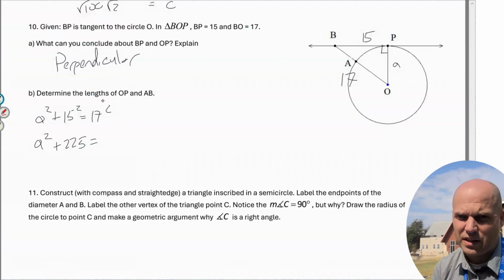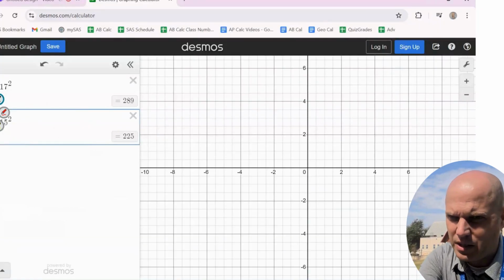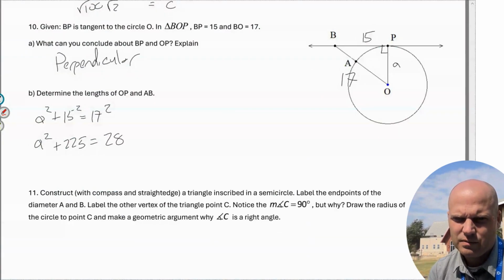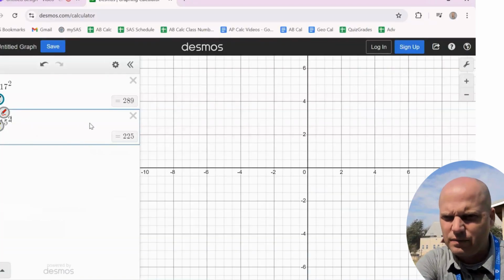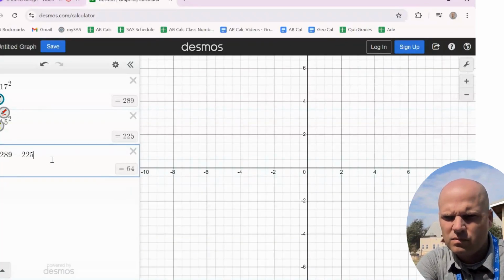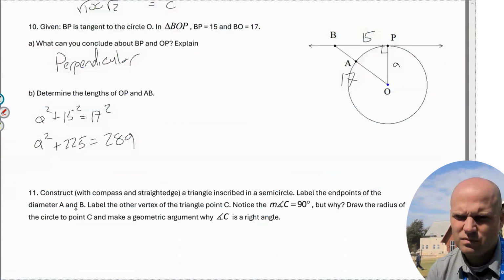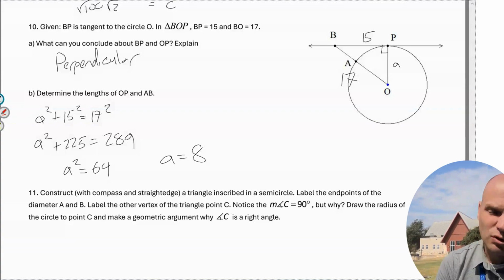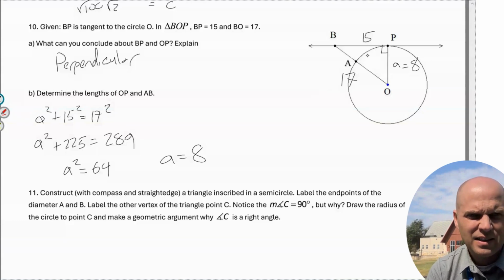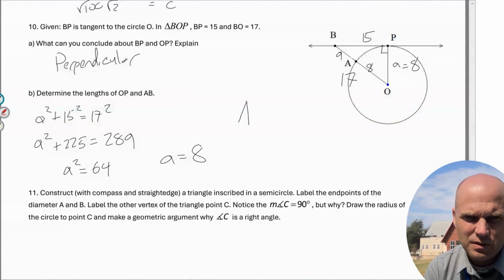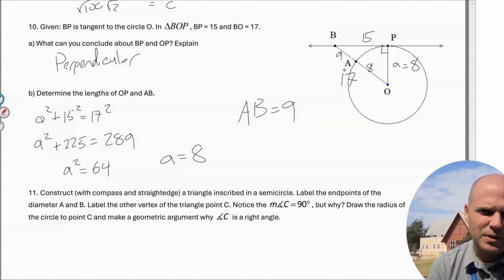Too many people, when squaring numbers, either don't have a calculator or think you're multiplying by 2. 289. 289 minus 225 is 64. That means A has to equal 8. It's really plus or minus 8, but we're just going to call it 8. If A is 8, then AO is also 8. And if AO is also 8, then AB has got to be 9. Doesn't look true. But how do I know that? Because 8 plus 9 equals 17.